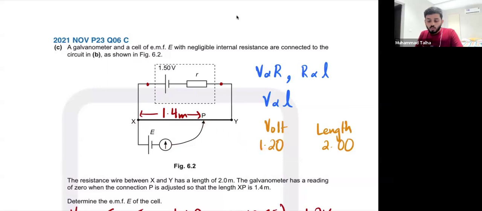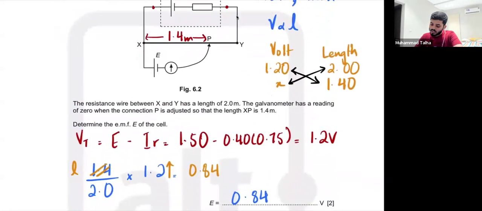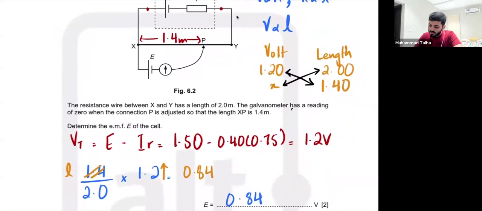So at 1.4 meters of length, what's going to be the voltage here? Next step is very straightforward. Cross multiply. So 2x equals 1.2 times 1.4, and then you just make x the subject.